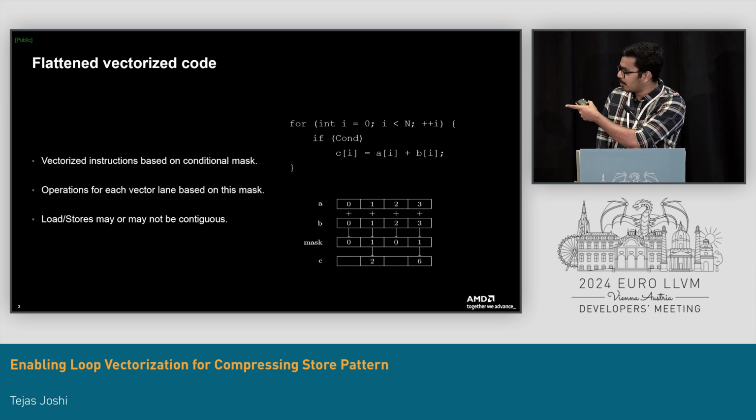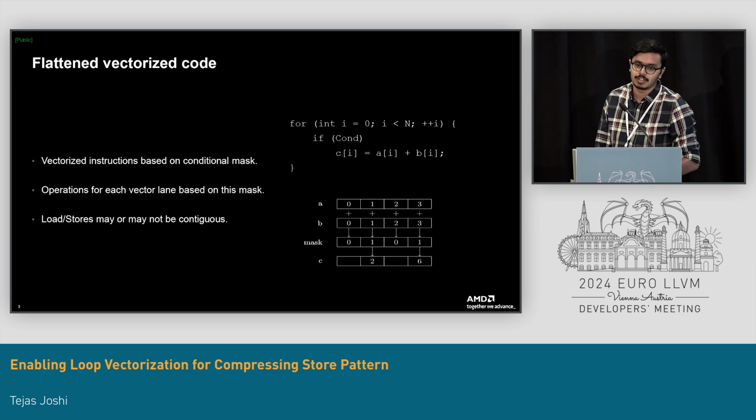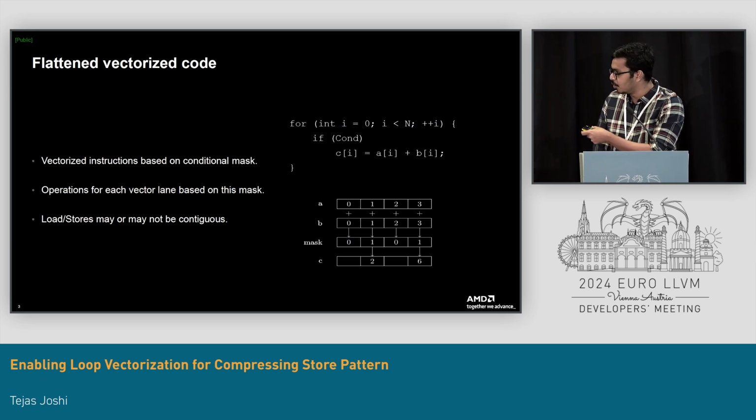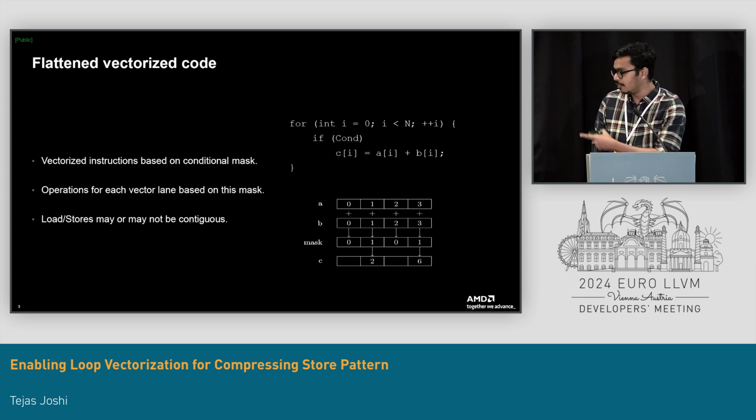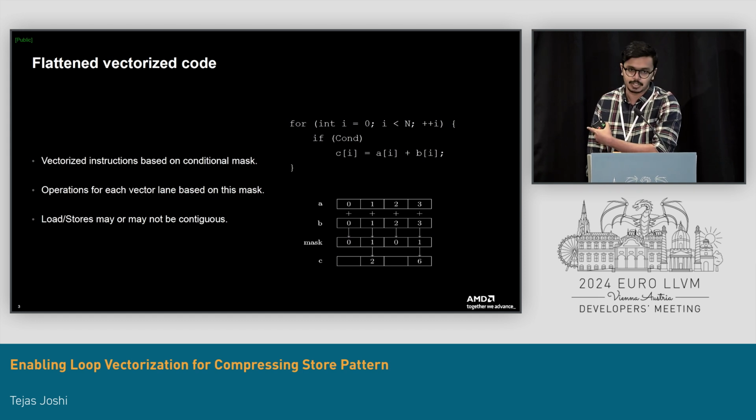Here the mask is 0, 1, 0, 1. For all the mask bits that are true, we do the operation and then store at C. The important thing to note is that the operation may or may not be contiguous. That contiguity is based on the condition. If it was all ones, it will be stored contiguously.